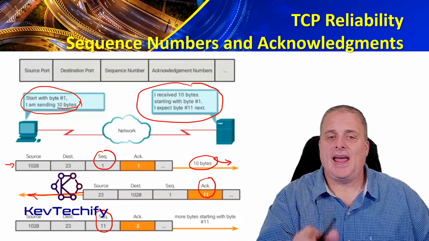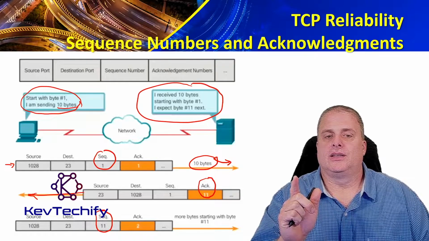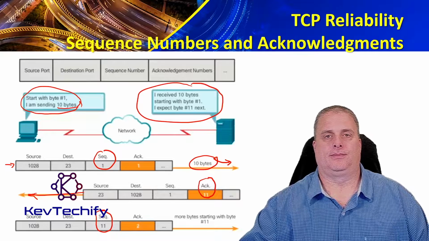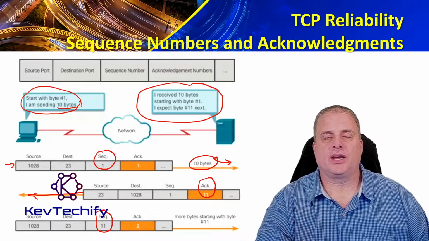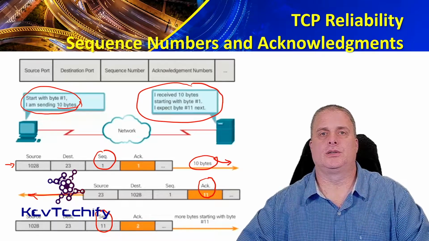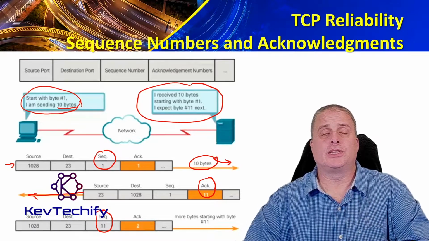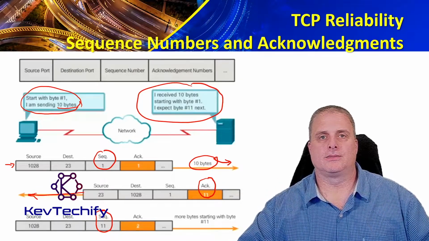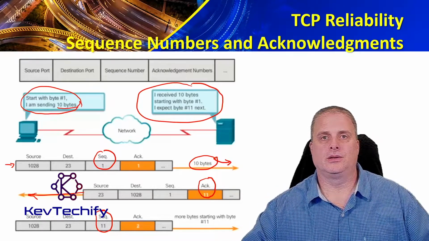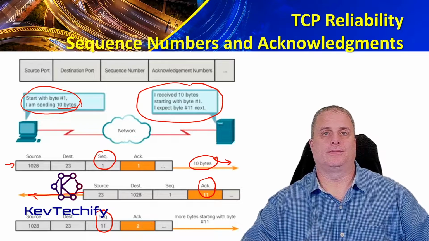So the ACK that the server would send back would be a 21. That is the next expected sequence number. You can see how sequence numbers and acknowledgments, including the window size, make TCP a very orderly and reliable protocol.